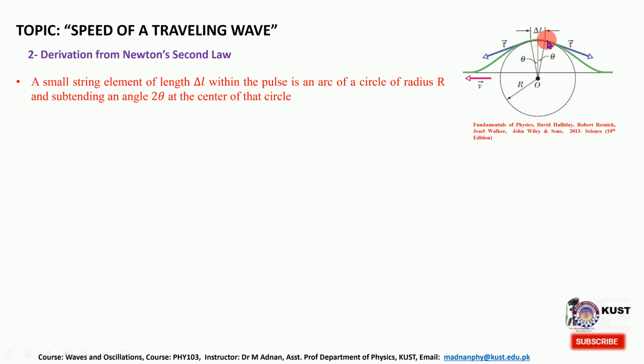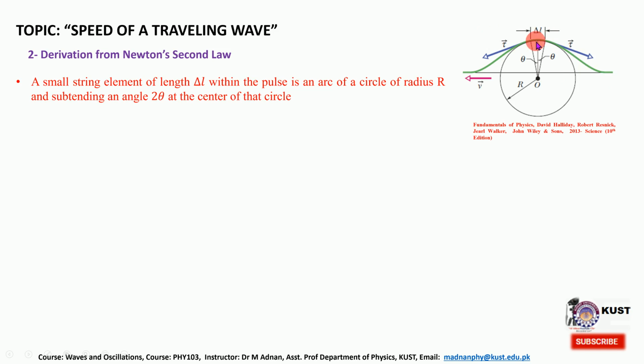That is, we are observing the speed of this arc length from a co-moving frame with the wave. That is, we are sitting on a wave which is traveling towards the right side.